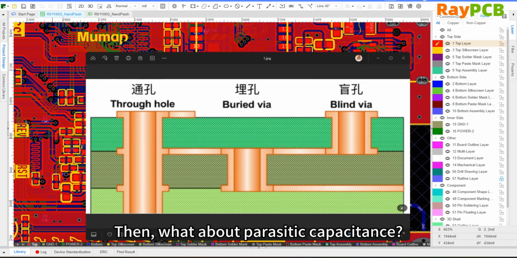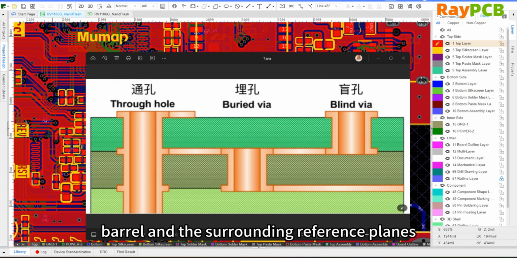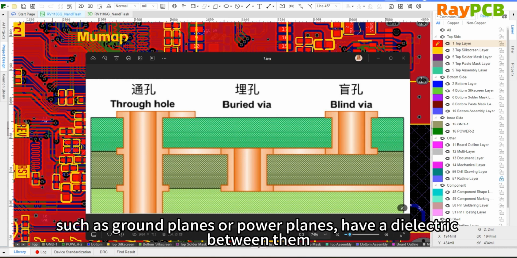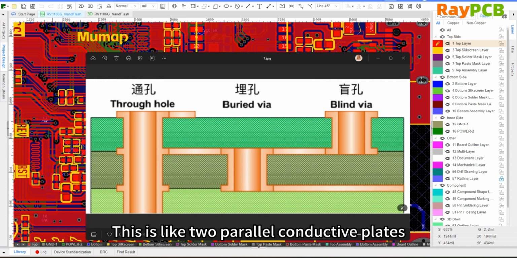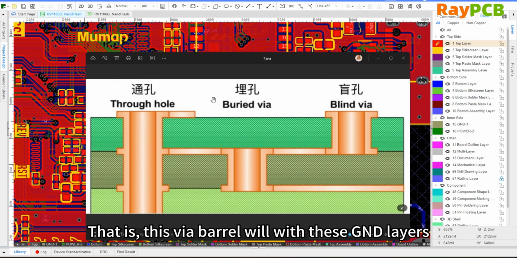As for the parasitic capacitance of the via, its formation mechanism is that there is a dielectric between the wall of the via and the surrounding reference planes, such as the ground plane and power plane. This is similar to two parallel conductive plates forming a parasitic capacitance. The wall of the via will form capacitance with those planes it is not connected to.